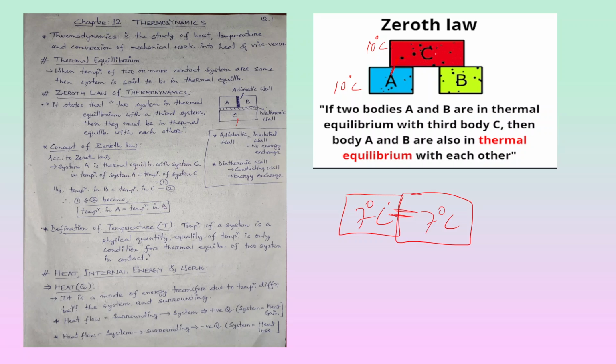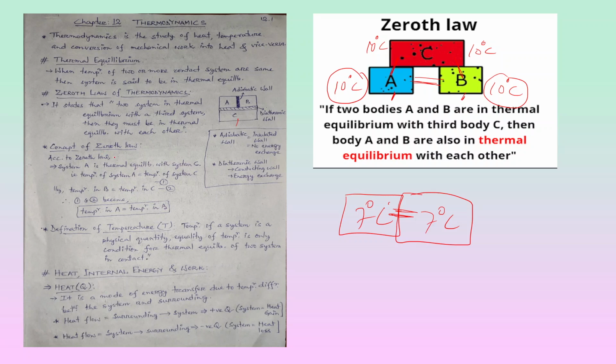C is 10 degrees Celsius, and B also has 10 degrees Celsius, so B and C are in thermal equilibrium. Then when we observe system A and system B, A is 10 degrees Celsius and B is also 10 degrees Celsius. That means A and B are in thermal equilibrium. That is the zeroth law.